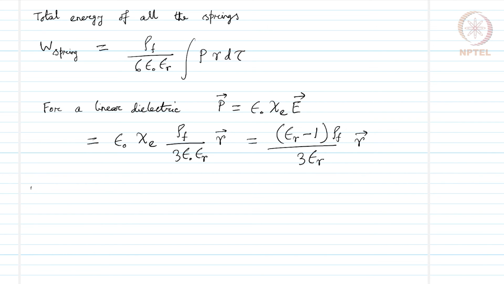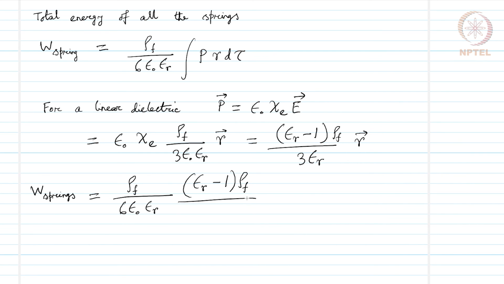Now, if we work out the energy due to all the springs with this expression of polarization, we will find this is equal to rho f over 6 epsilon naught epsilon r, epsilon r minus 1 times rho f over 3 epsilon r, 4 pi times integration over 0 to capital R. So, 4 pi comes from theta and phi integration.